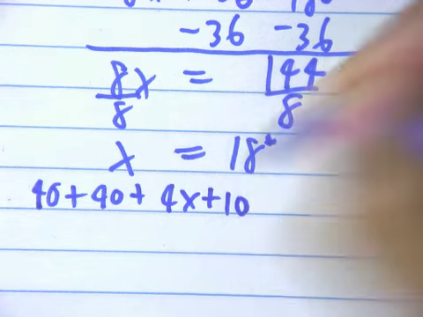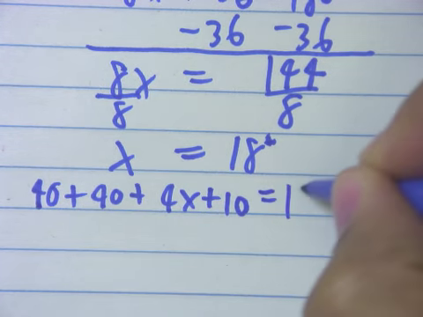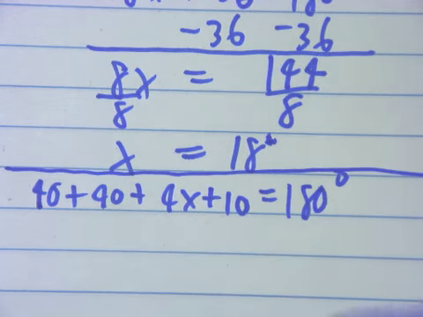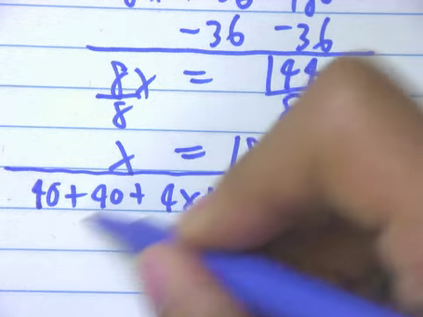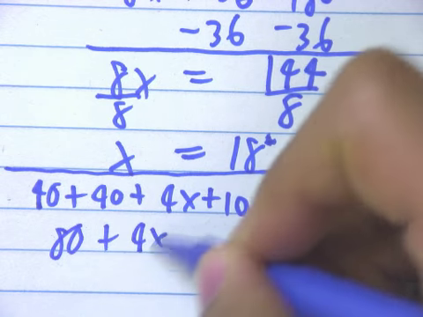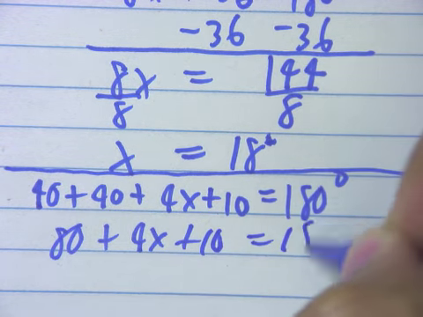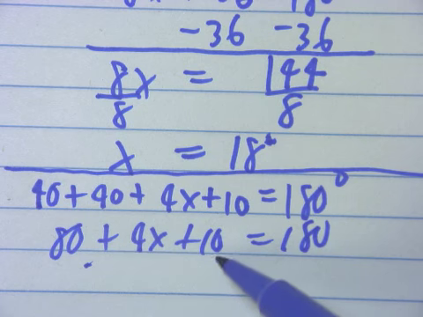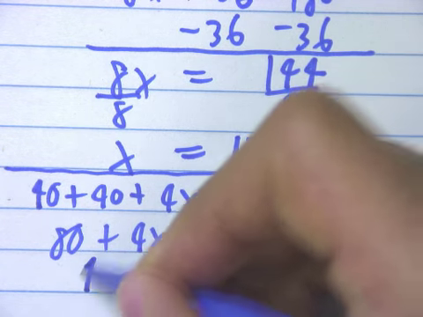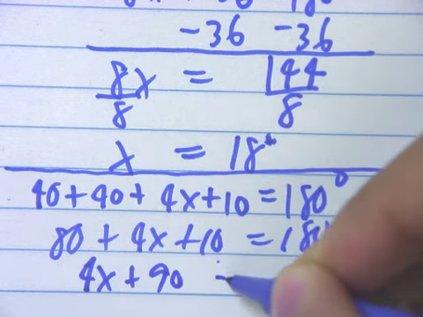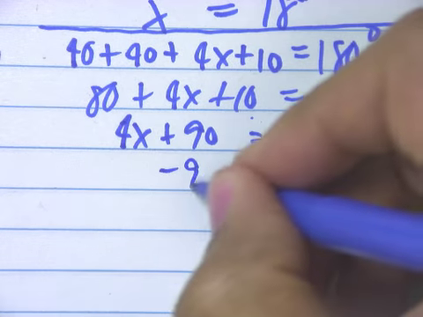So let's do that. 40 plus 40 plus 4x plus 10 should be equal to 180 degrees. That's going to give me 40 and 40 is 80 plus 4x plus 10.